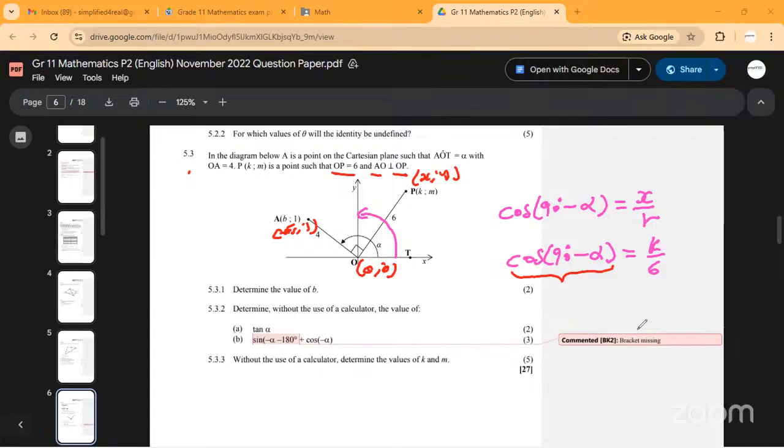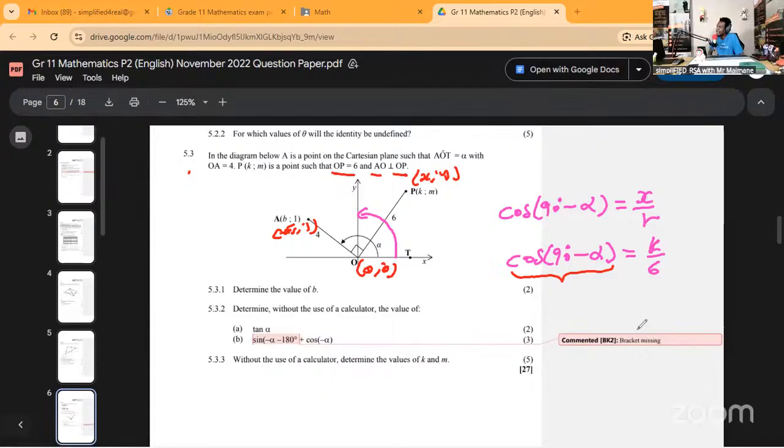Would it just be cos alpha? Or could we also use co-function identities?